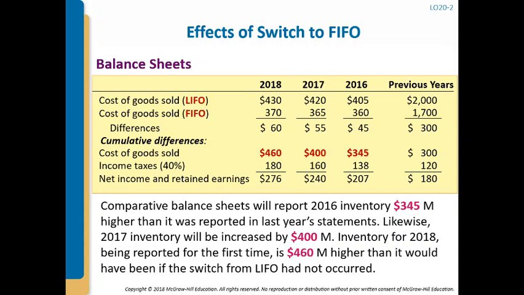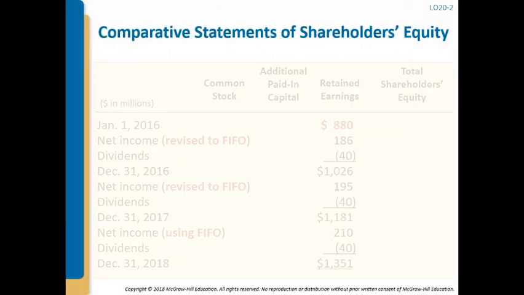You go to the next year, 2017, it increases by 55, so that increases to 400. And then the current year, it increases 60, so inventory is now 460. So at the beginning of 2017, I see what's happening. There's an increase in inventory of 400 million moving from LIFO to FIFO. Kind of hard to follow there.